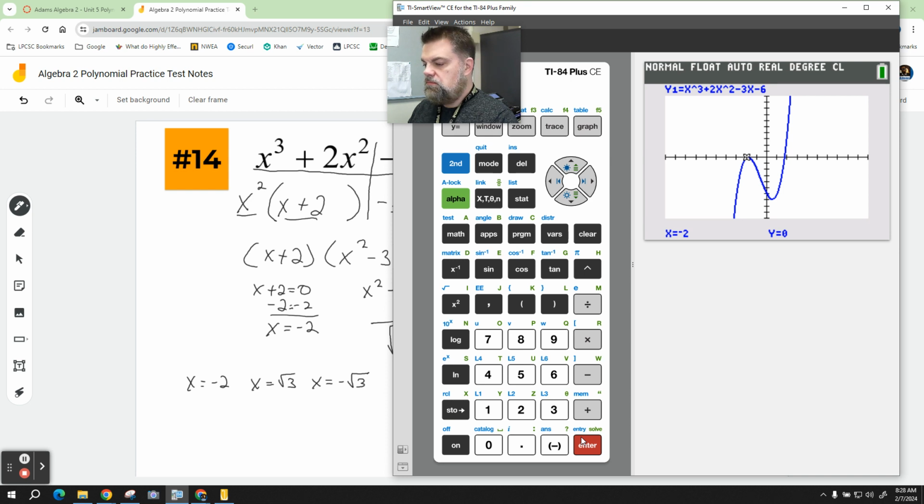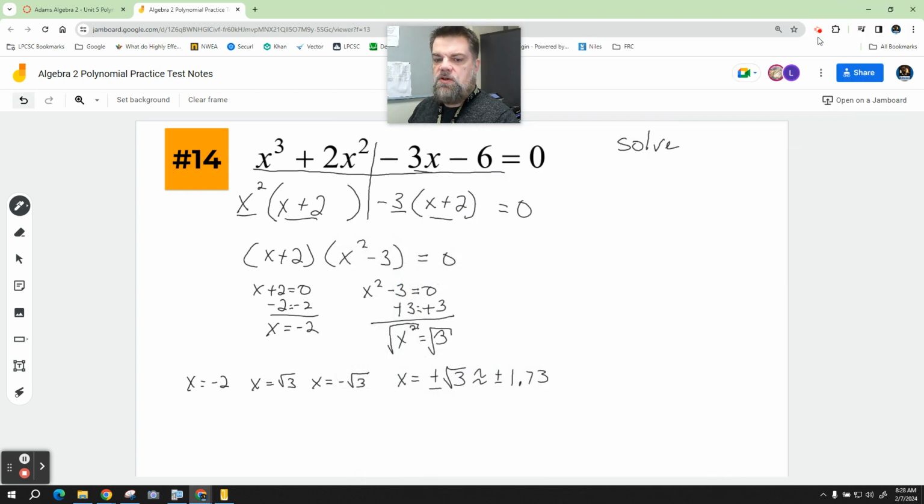So another way to do this is if it crosses at -2, over to the side I could do synthetic division. So I could say -2, and then remember I've got 1, 2, -3, and then -6.